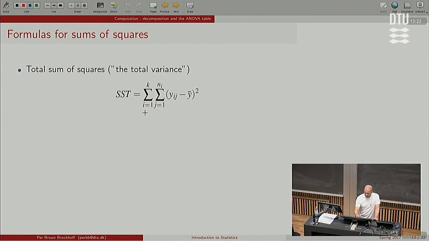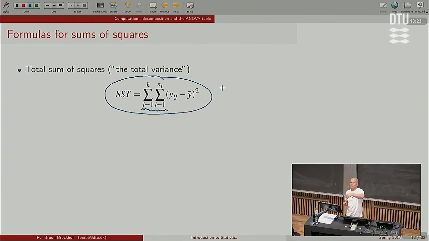We need a kind of annoying double notation, double summation, because I indexed my observations with i and j. But really, if you look at this, this is just summing across all the observations, all the 12 of them in my toy example, and comparing each individual observation with the mean.